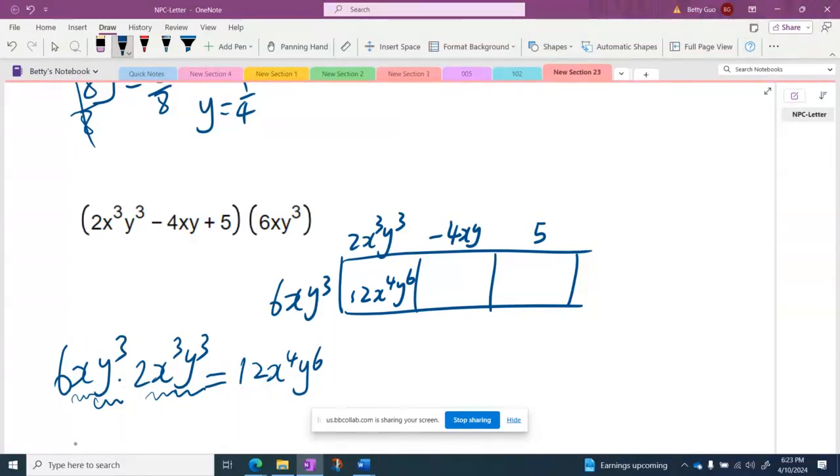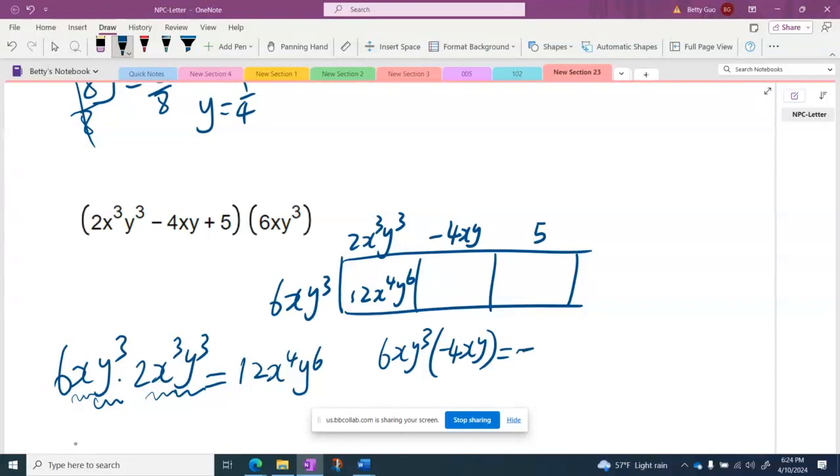And the second cell, we have 6xy cubed times -4xy. Very important: this is not 6xy cubed minus 4xy, okay? It is 6xy cubed times -4xy. We are multiplying.